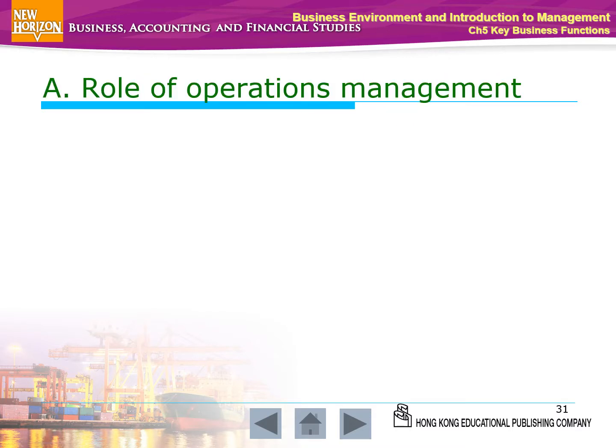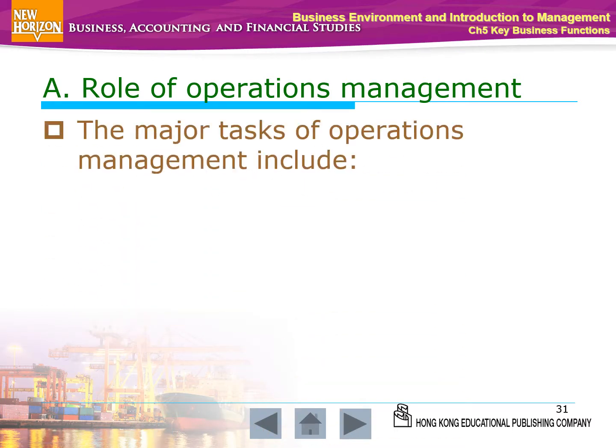Okay, let's come to the role of operations management. Remember, all the time, you should think of McDonald's, Cathay Pacific, an iPhone factory as examples to see what the roles of operations management are. Let us look at the tasks of operations management.